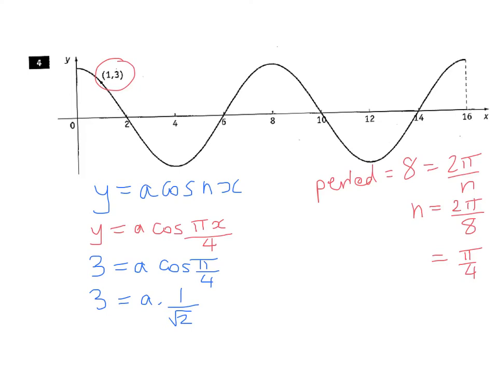So rearranging to make a the subject, a equals 3 root 2. Therefore our equation is going to be y equals 3 root 2 cos of pi on 4 x.